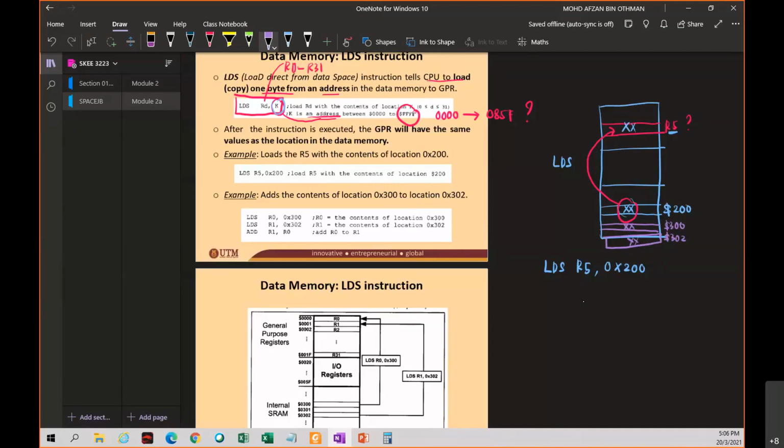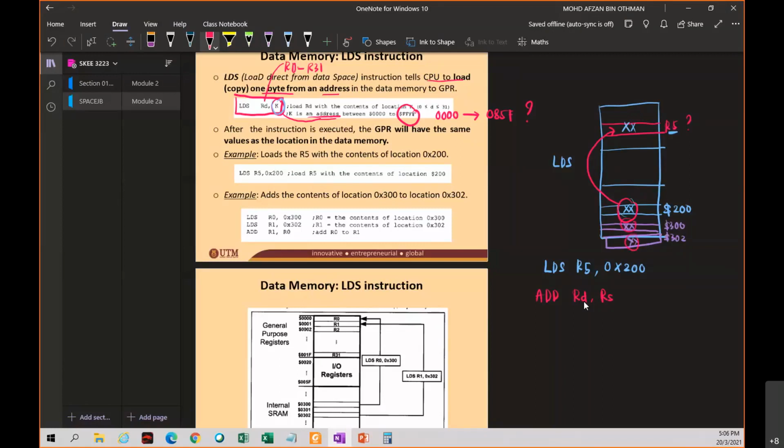Macam mana nak buat? First, kita kena ingat, recall back kita punya ADD instruction. The ADD says that Rd with Rs. ADD melibatkan destination register tambah dengan source register and put back the result into the destination register. So 300 dengan 302 ni, is it a register?